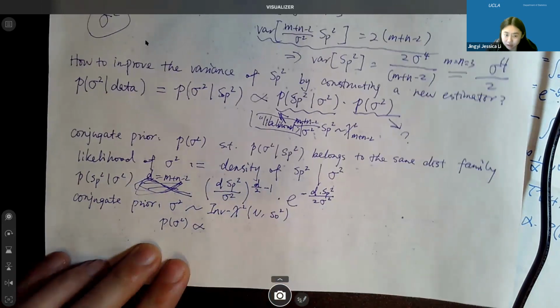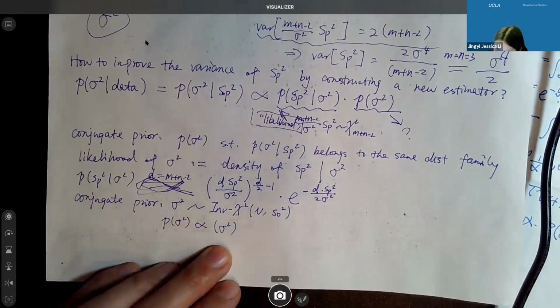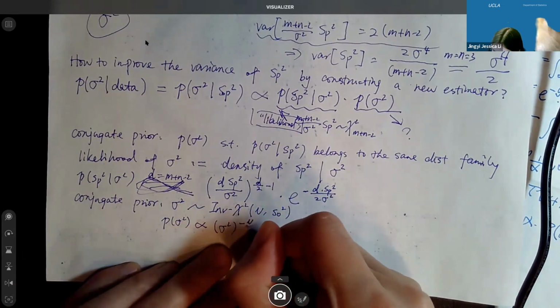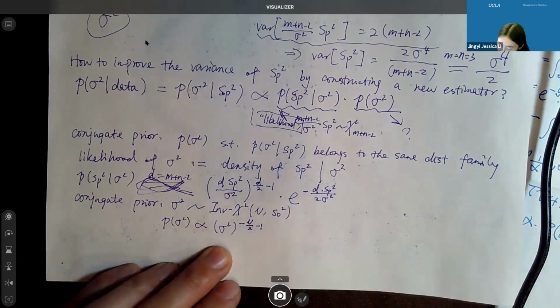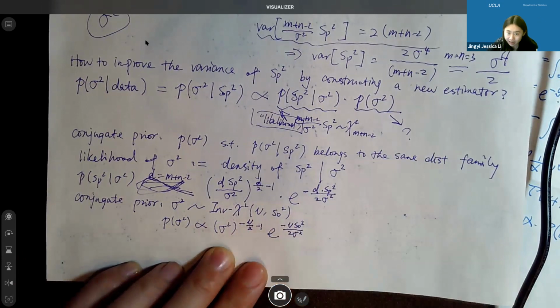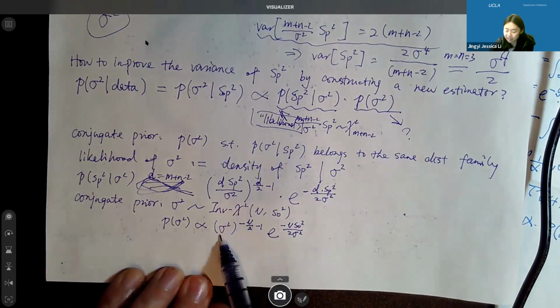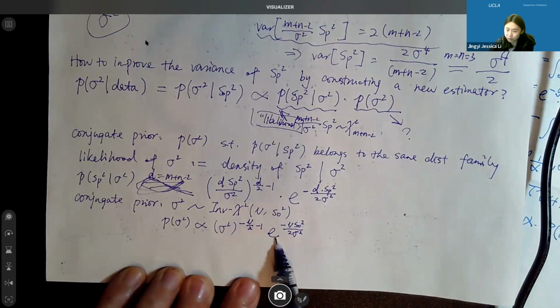Again, I'm writing proportional for simplicity. Sigma squared to the negative v over 2 minus 1, times exponential to the negative v times s0 squared over 2 sigma squared. Now use your eyes to compare the terms and recognize the similarity. As I said, this is the power term for sigma squared, and this is an exponential term with sigma squared in the denominator.